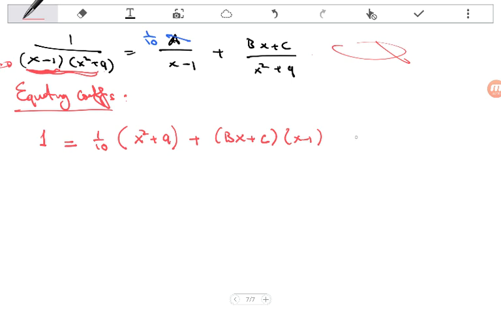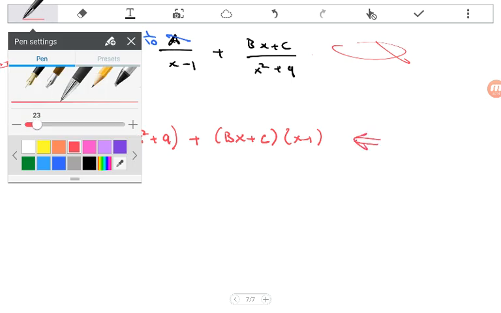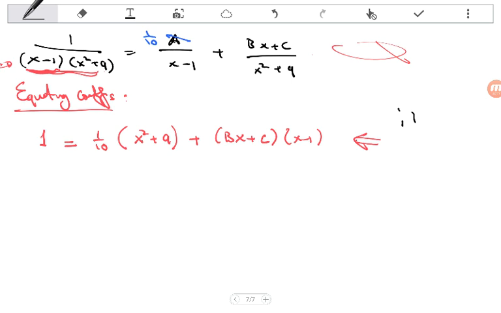Okay? Now I look at this equation. This is called an identity, which is equal for all x. For example, when I have ax squared plus bx plus c equal to 1 minus x squared, and I told you that this is an identity, this is equal for all values of x.